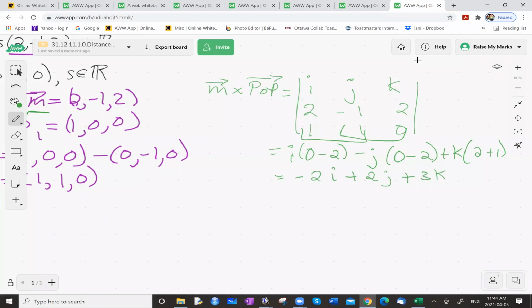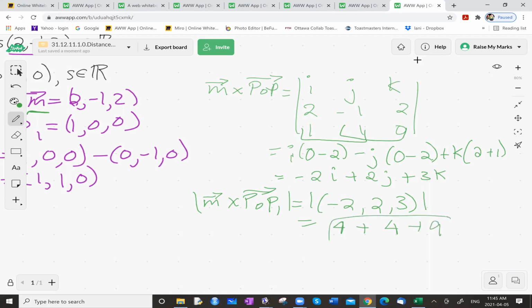Good. We actually need the magnitude of this vector. In coordinates this vector is -2, 2, 3. The magnitude is the square root of 4 plus 4 plus 9, which equals the square root of 17.